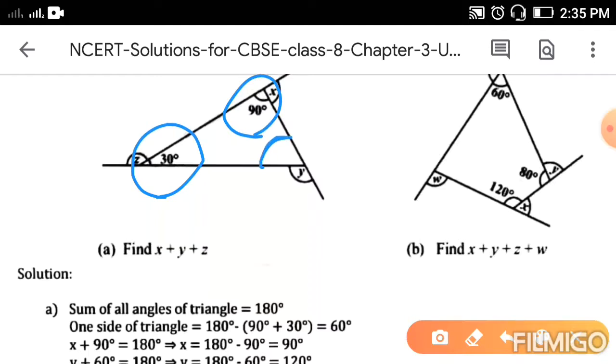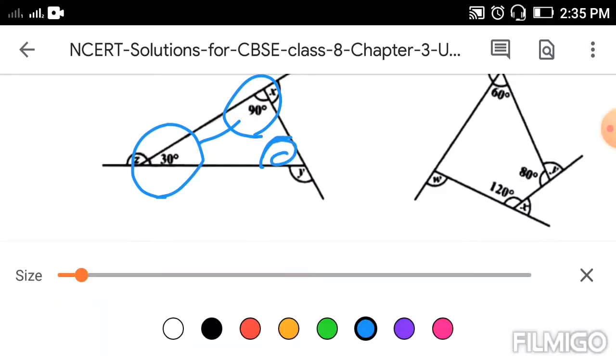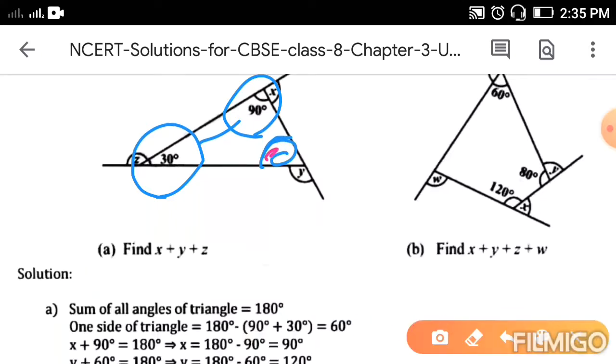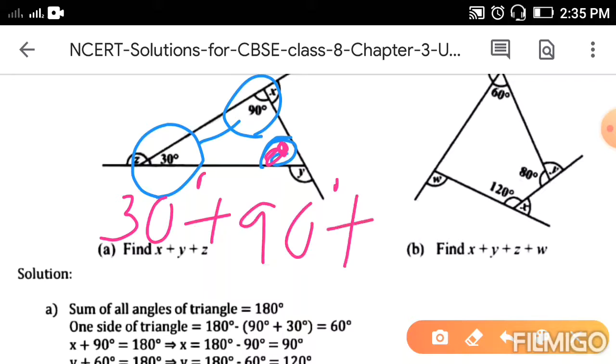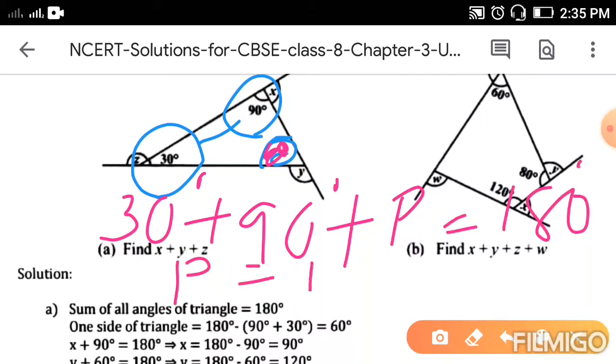So if these 2 angles are given, from these 2 angles we can find out this third one. Okay, so the sum of all 3 angles of a triangle is 180. So you can write 30 plus 90 plus, for example, this angle is P, is equal to 180 degrees.